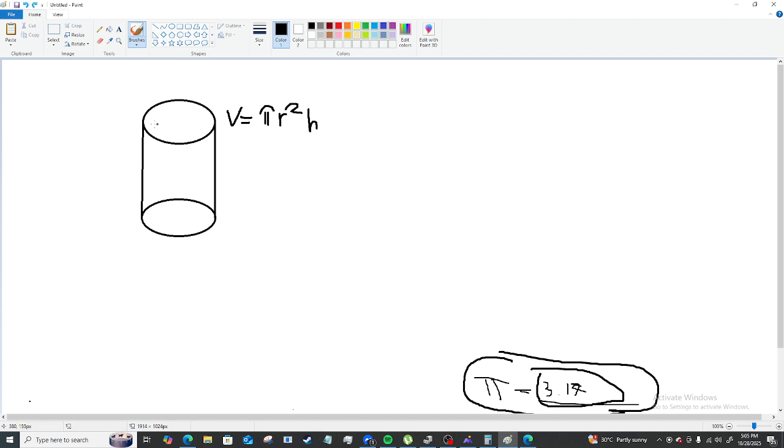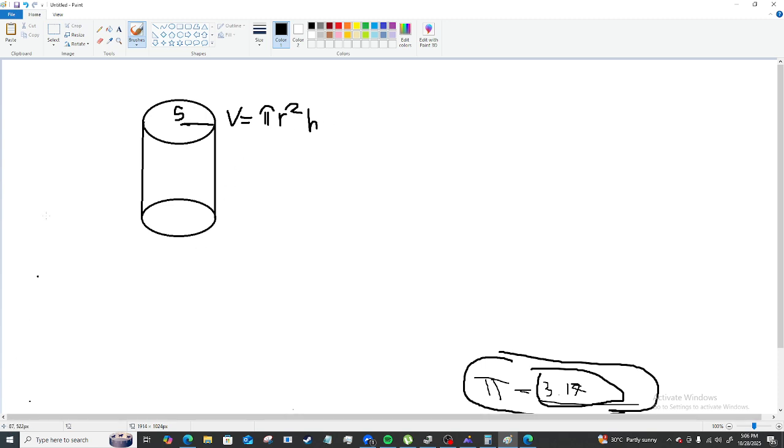Now let's get the radius. Imagine the diameter is 10. This is the easiest way. Now let's split it in half. Ten divided by 2 is 5. 5 is our radius.